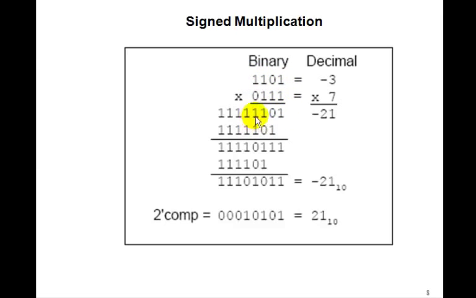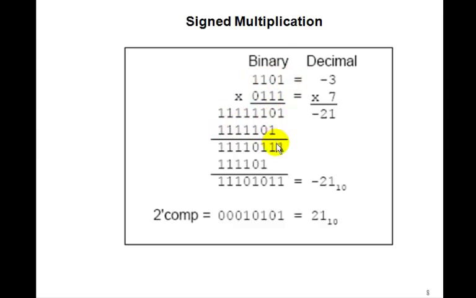The only difference is we need to sign extend each partial product. So if this is a negative number, minus 3 you see here, then we have to sign extend it, that is fill all these with 1s if it's a 1. If it's a 0, you'd extend it with zeros. So then we shift over this bit again, it has to be sign extended.